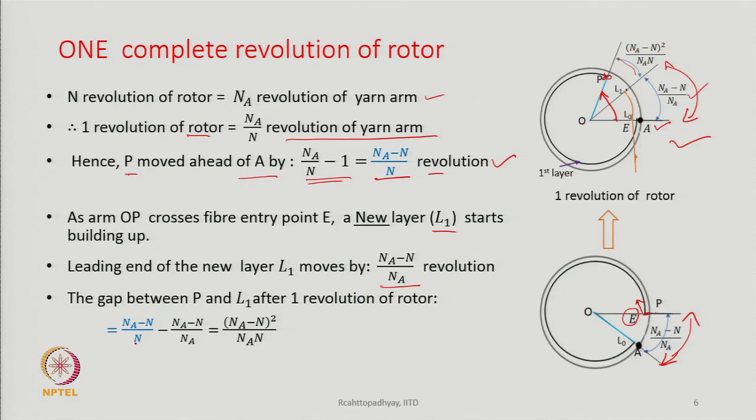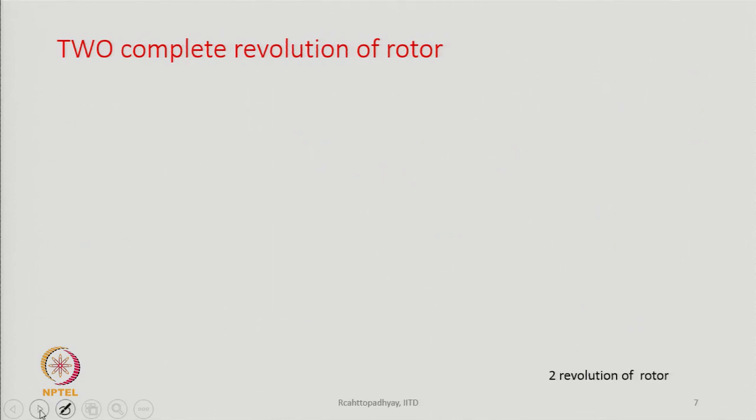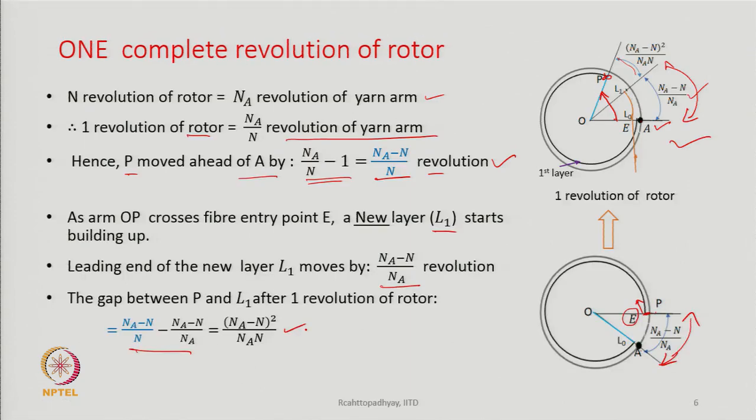So, the difference between these two will give me the gap between L1 and P, and that is what has been done here. If I do this subtraction, we get a figure N A minus N whole square by N A into N. So, that is the gap between P and L1. So, a small gap is created between P and L1.